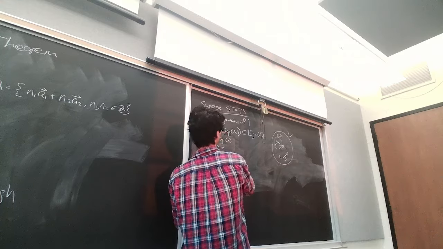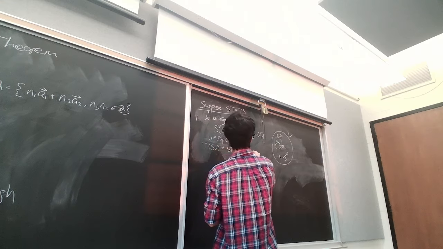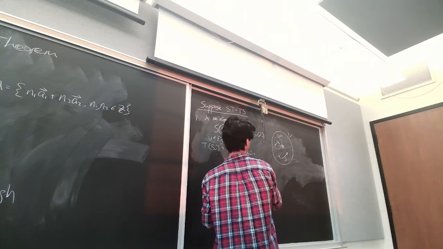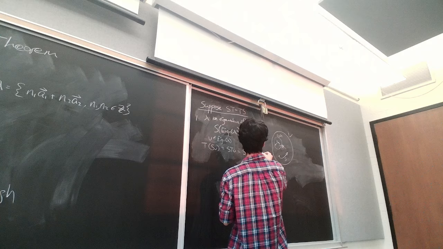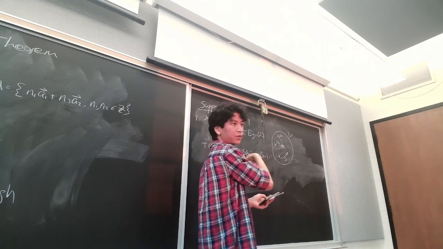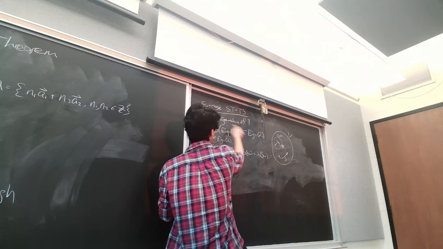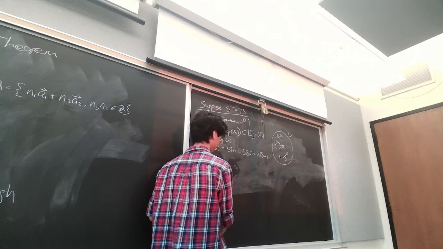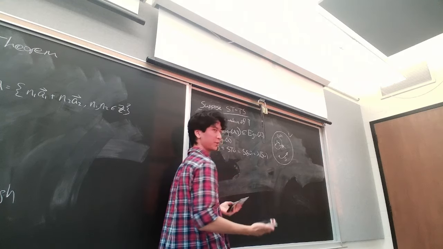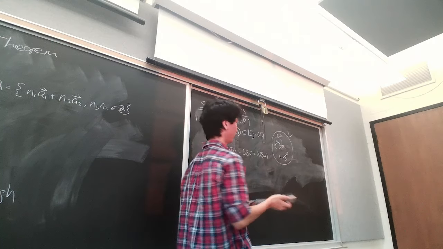Since T and S commute, we can write it as STV, so it's S lambda V. Then we can bring the lambda out since S is linear. So again, SV is also an eigenvector of eigenvalue lambda. This concludes the proof. Agree? I'll move on.